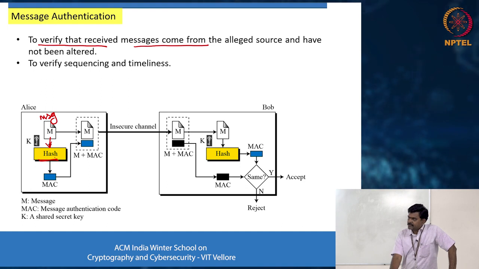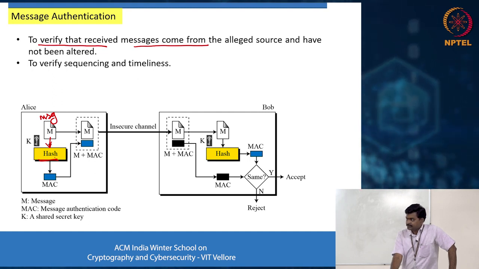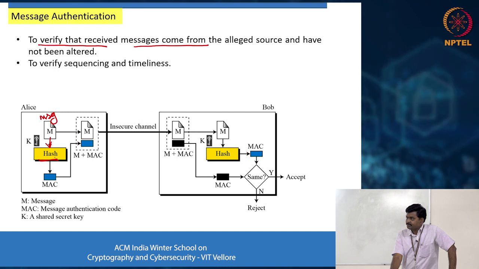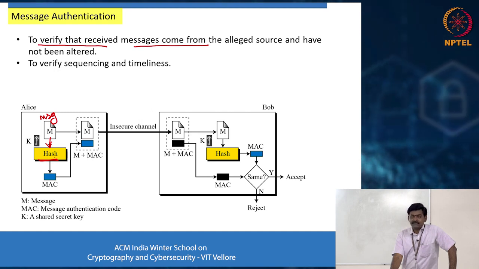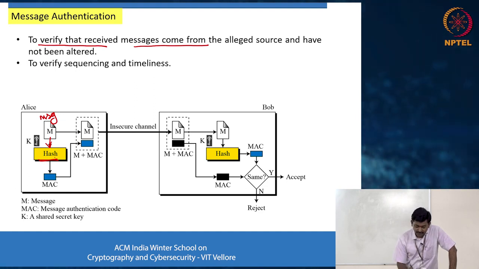See here, she submitted the message to the hash. But what else is the hash taking as input? What does the diagram say? It is also taking a key.